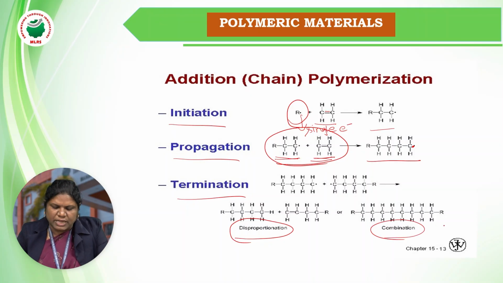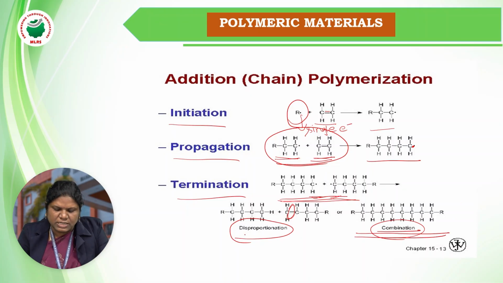In the disproportionation reaction, the propagation is stopped by the formation of a double bond in one of the polymer chains by the removal of hydrogens from the two polymer chains. In the combination step, the two polymer free radical molecules combine and form a large polymer molecule. This is called combination.